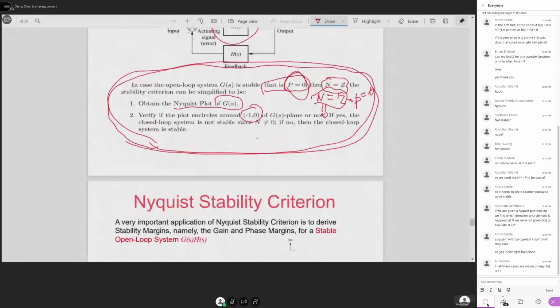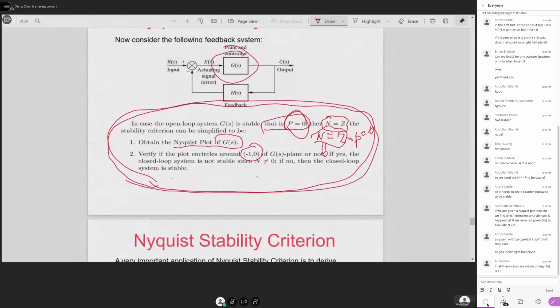Now we already established the Nyquist stability criterion. In all those cases, we assume H of s is 1. Like I mentioned just now, if H of s is not equal to 1, you replace G by GH. You replace G by the GH transfer function, and then you evaluate the GH transfer function, not the G. Not a big deal.